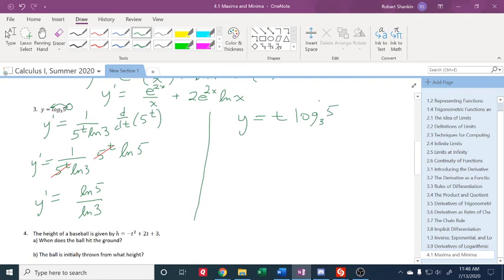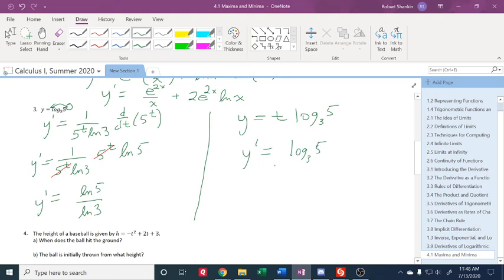Now we realize this log base 3 of 5 is just a constant, like the number 7. And then dy dt of 7t would just be 7, or the derivative of this is just the constant.